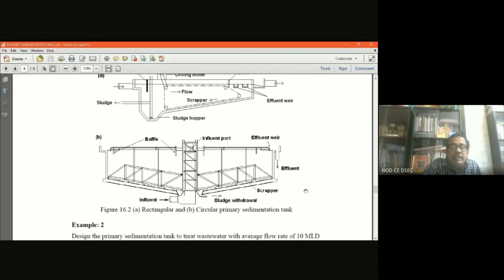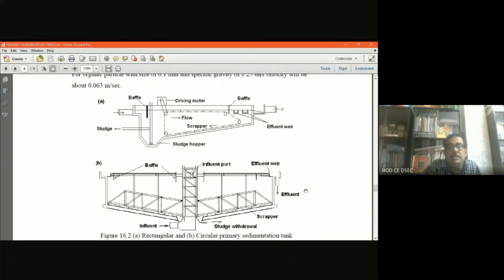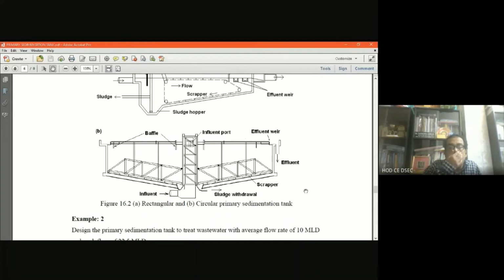It is very important to note that in the rectangular tank the scrapers are attached with a chain system, for moving solids, with a mechanically driving motor. In the circular tank, the scrapers are attached with a truss system. So here it is a truss structural system and there it is a chain system.